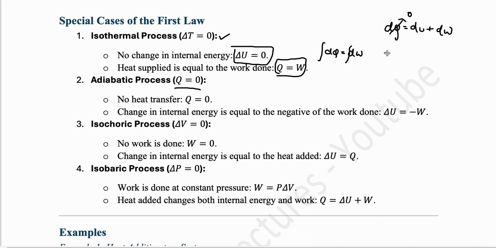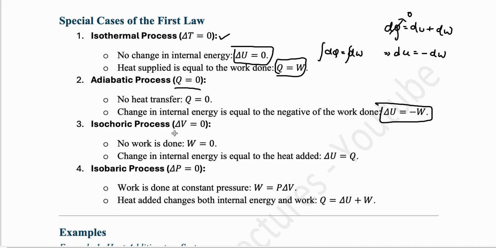That means du is equal to minus dw. If you just look into the maths, du is equal to minus dw. So the total work done will be nothing but the change in internal energy, and this is negative. That means work is done on the system. If there is no heat given from outside, that means you are doing work on the system. So that is also something we should be careful about.